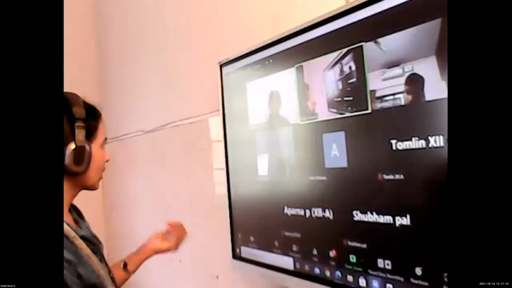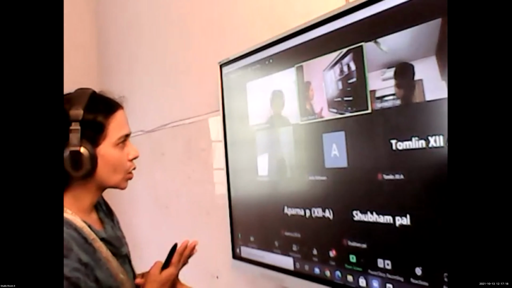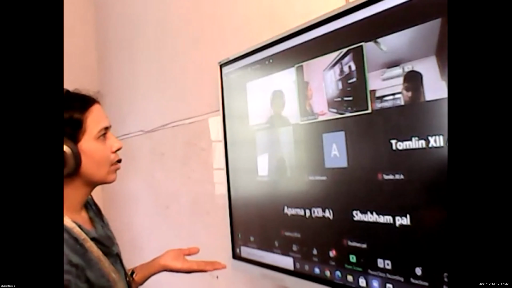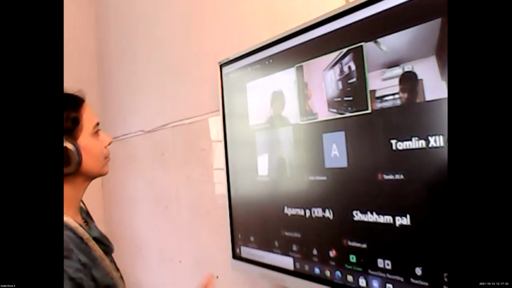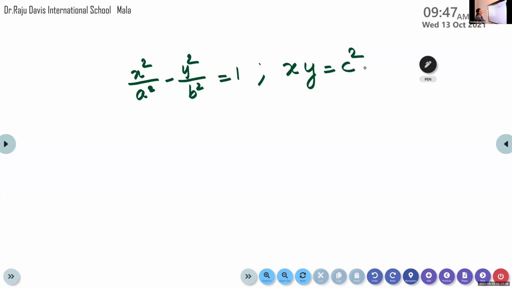Find the slope of the first curve, find the slope of the second curve. It is given orthogonal. Orthogonal condition is product of the slope is -1, and find the condition. Find the slope. What is M1?